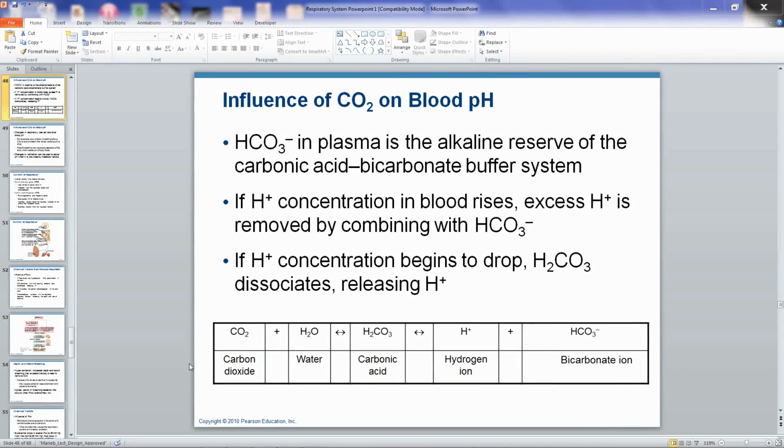And we were more specifically focusing in on what's going on with carbon dioxide, and you had seen for the first time this reversible chemical reaction that can go in both directions, where CO2 combines with water to form carbonic acid, and this is an acid.